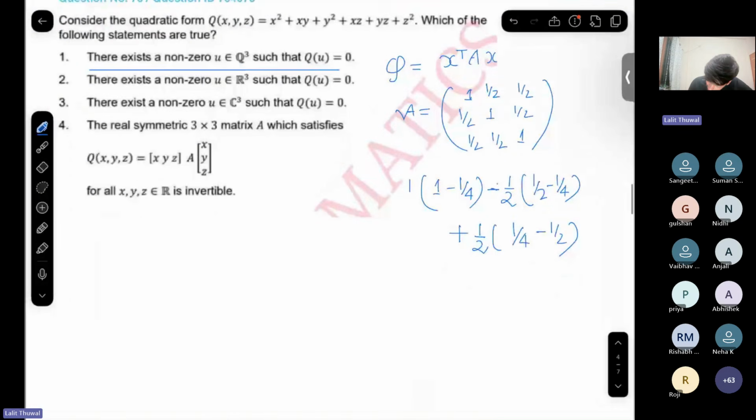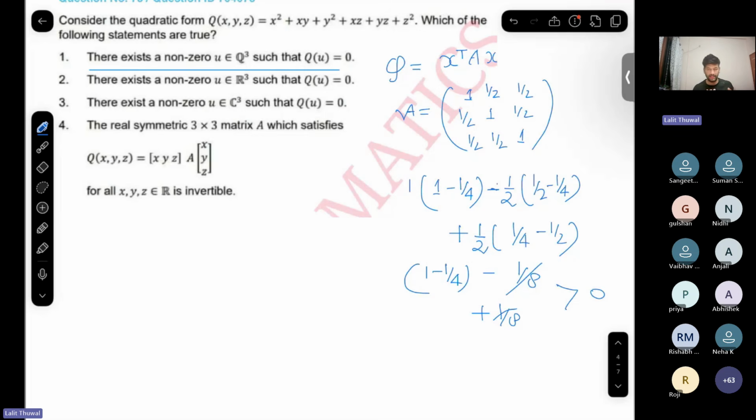So this one is 1 minus 1 by 4, and the last one 1 by 4, right? 1 by 8 overall, right? 1 by 8. So it's positive if my calculations are correct. The determinant of this matrix is positive. So all the principal minors are positive. It means it is a positive definite quadratic form.